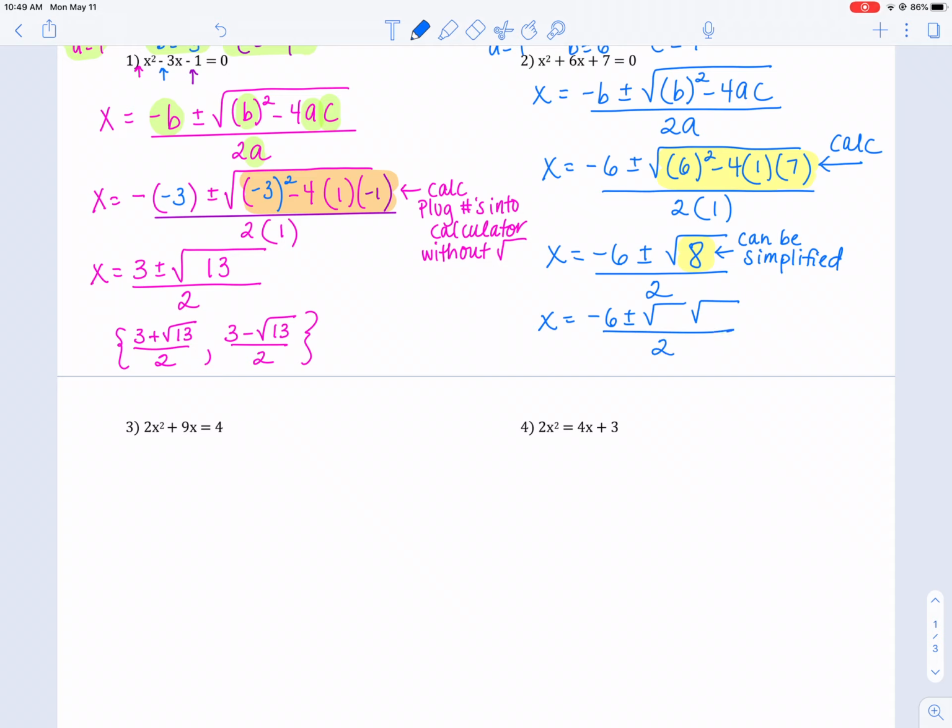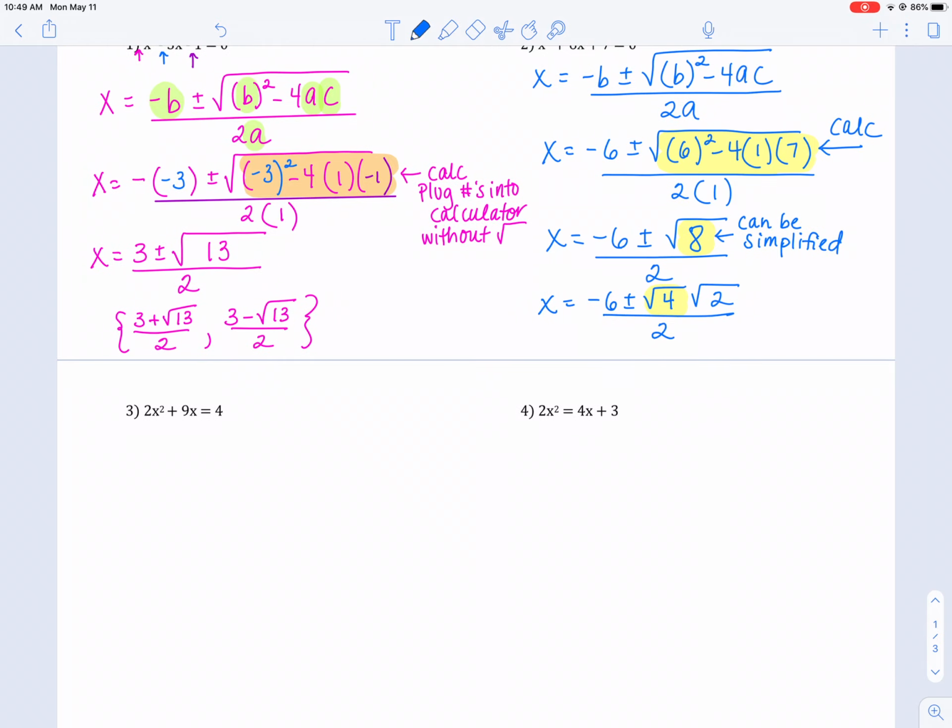What 2 numbers multiply to 8 where one of them is a perfect square? 4 and 2. Because remember, this radical 4 can now be simplified. So what does that become? That becomes x equals negative 6 plus or minus 2 radical 2 over 2.